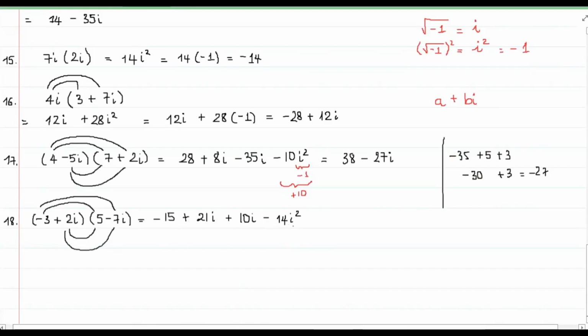And remember, i squared is negative 1, so we have negative 15. This part is positive 14. So negative 15 add 14 is negative 1. 21i plus 10i is 31i.